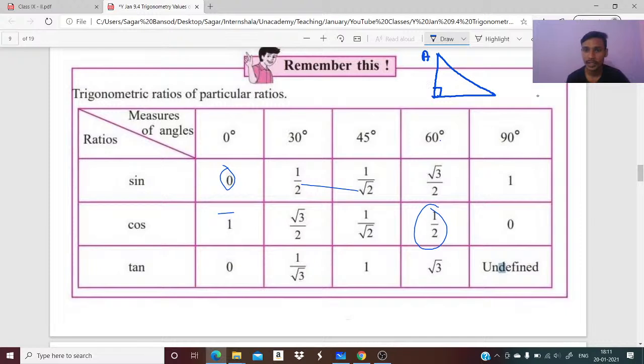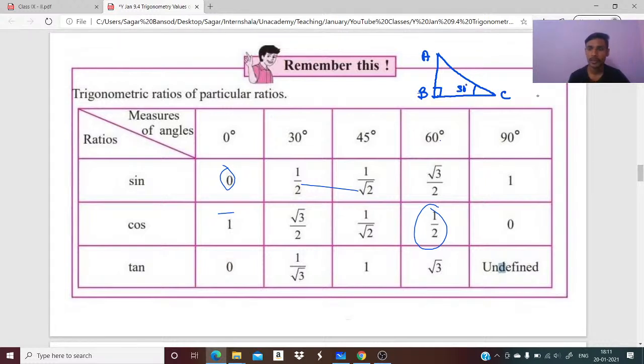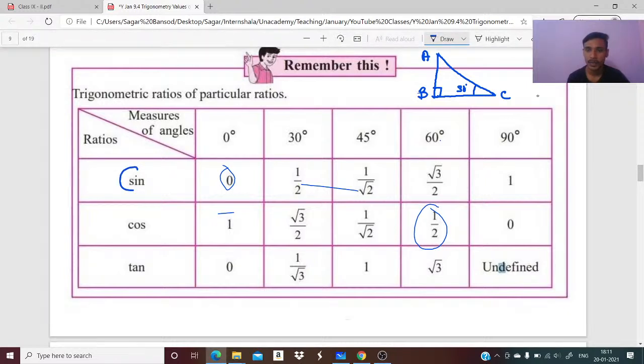This is your A, that's your B, and that's your C. If this is my angle C and it is 30 degrees, and I ask you to find the sine of this angle, you can just directly remember these sine, cos and tan ratios.